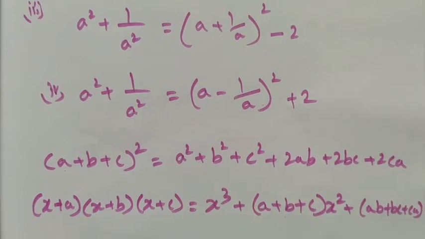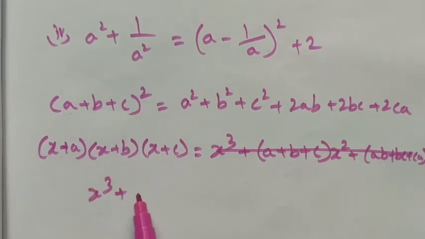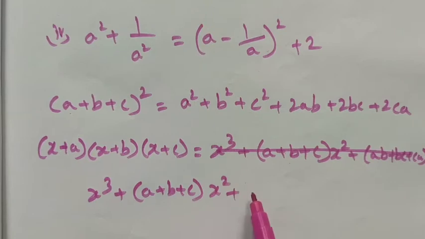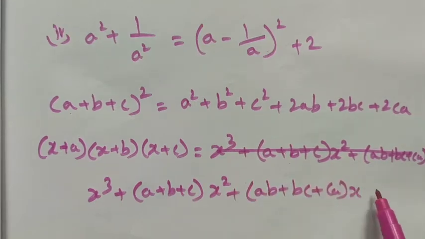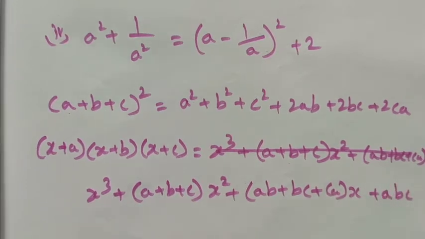I write it here properly: x cube plus (a plus b plus c) into x square plus (ab plus bc plus ca) into x plus abc, because it was not continued. So this is the formula for (x plus a)(x plus b)(x plus c).